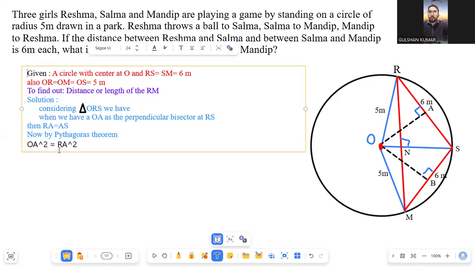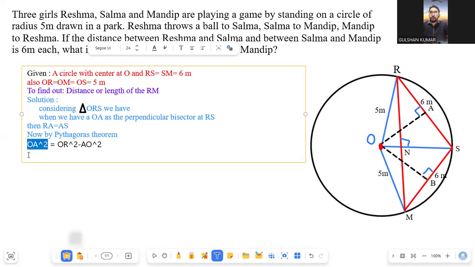So we have to subtract here by the OR, that is the hypotenuse. OR square minus AO raised to power 2.